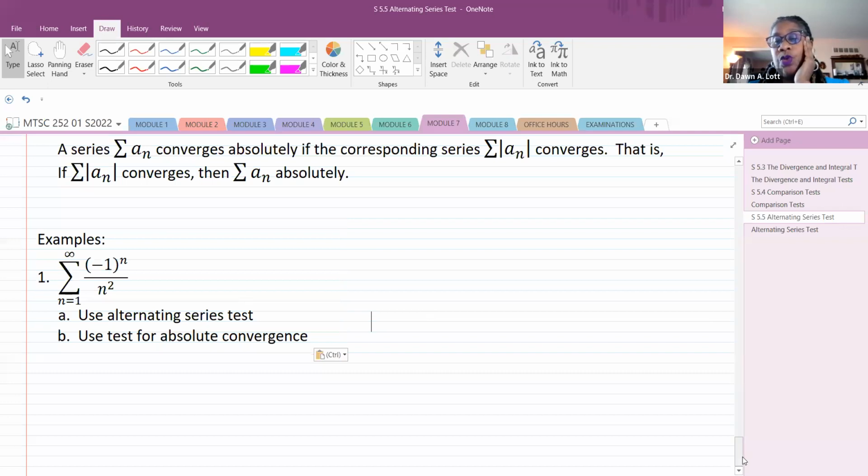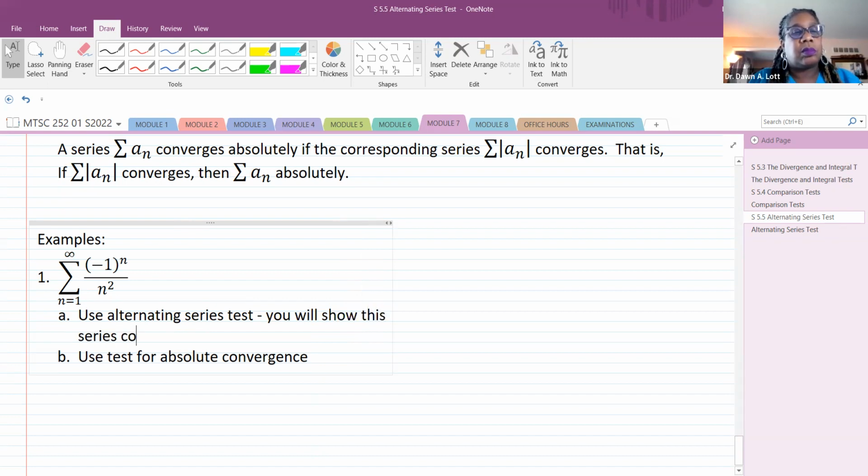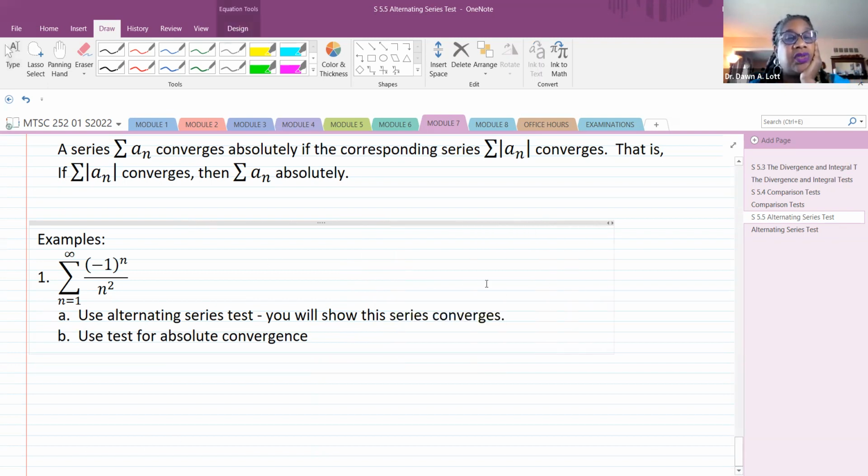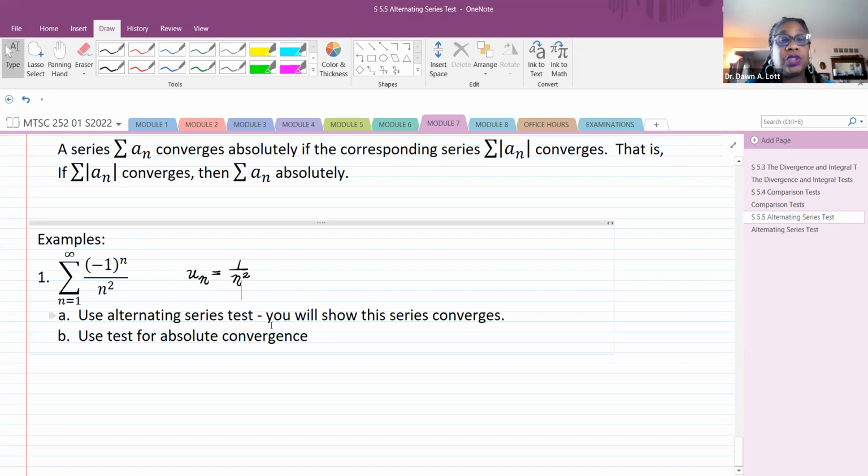By using the alternating series test, parts 1, 2, and 3, showing that u_n, which is 1 over n squared, is positive, u_n is greater than u_(n+1), and the limit goes to 0, you will show this series converges.